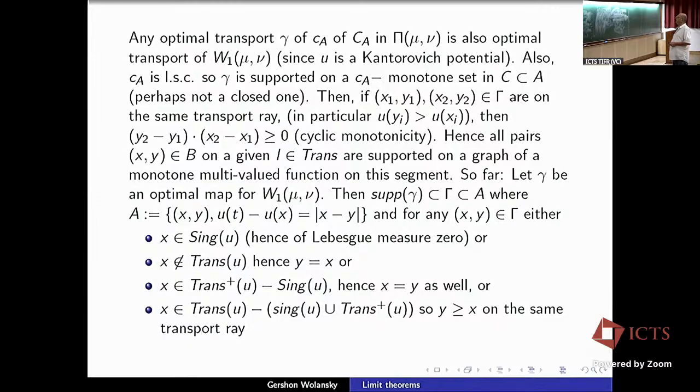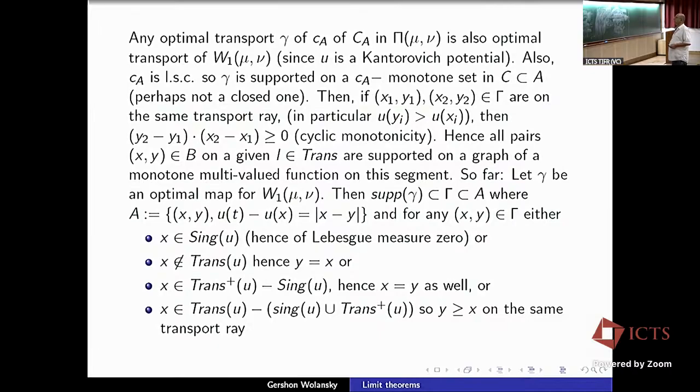And for any point x in this pair, we consider the points y along this ray. So if x is in the transport ray and not in the singular set and not in the endpoint of this interval, then y must be bigger or equal than x.